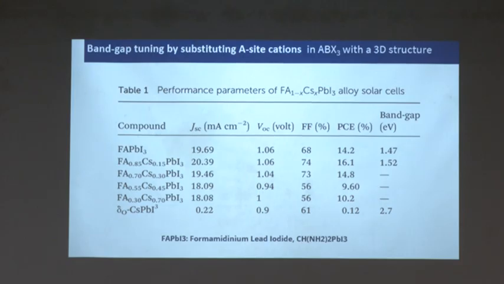Cationic A, we substitute formamidinium lead iodide. It is a crushed material, but such formamidinium we substitute by cesium. And when we utilize 15% of cesium, we obtain a high efficiency.